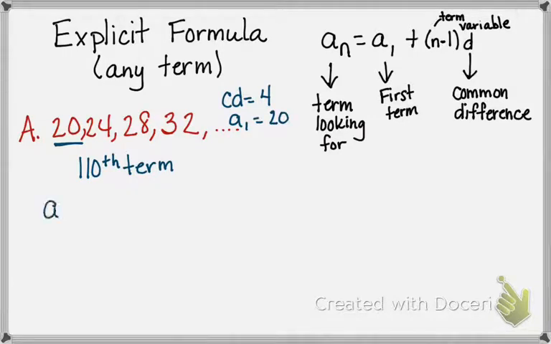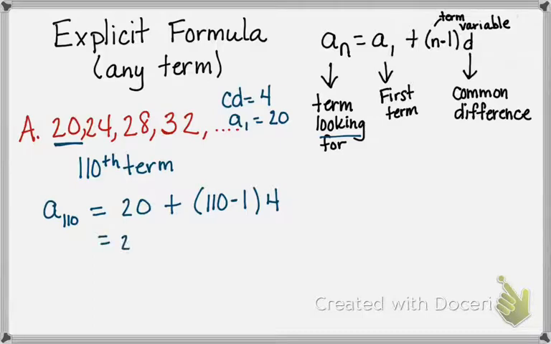So we are looking for a_110. That's what we're looking for. Equals our first term, which is 20, plus what we're looking for, minus 1, and then times our common difference of 4. So now we're going to work this out. So a_110 just stays.